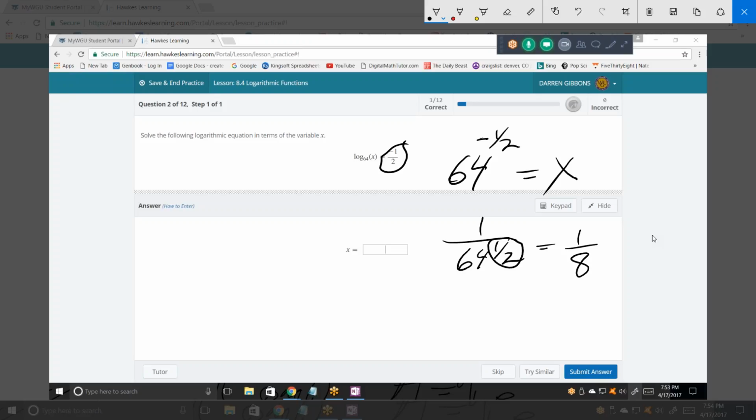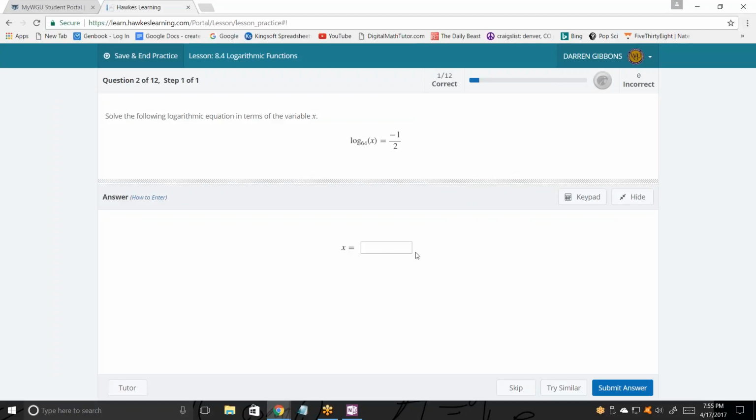That's our answer. You can also put that into Wolfram Alpha directly. You don't have to convert it to a positive exponent like I did. I just want to make sure you know that's what it means. Any number to a negative exponent is the same as 1 over that number to a positive exponent. Now, this one I'm probably going to have to use the keypad to enter 1/8.